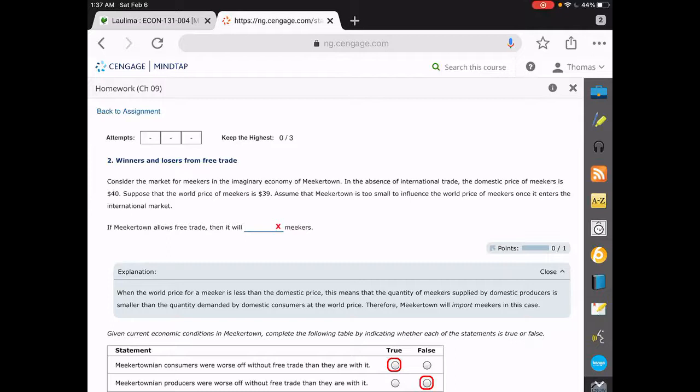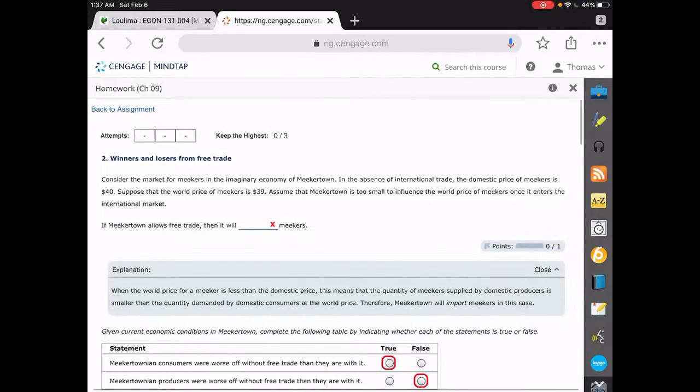World price is $39. And Meekertown can't really influence the price. So if it did allow free trade, then what's it going to do? It's going to be importing Meekers because it's cheaper abroad. So it is true, it does import them.